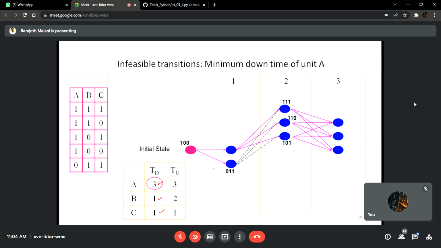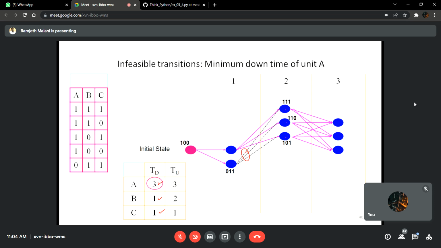But unit 1 cannot be turned on before 3 hours of rest. If it is turning off, we should turn it off for 3 hours. So these three paths become infeasible.